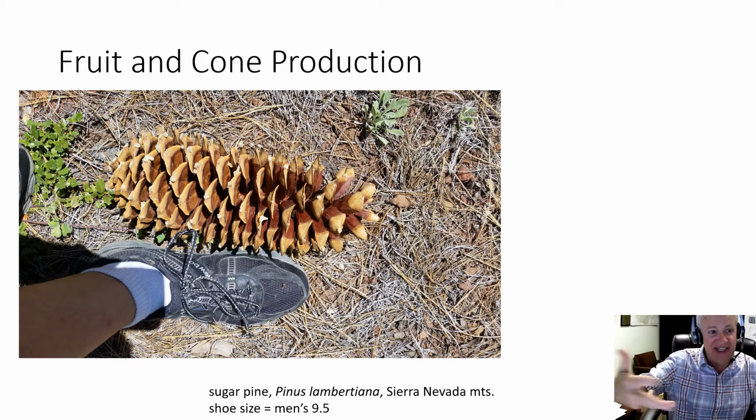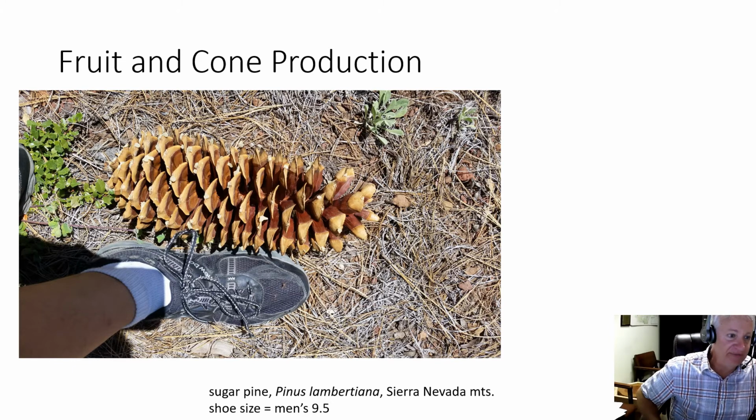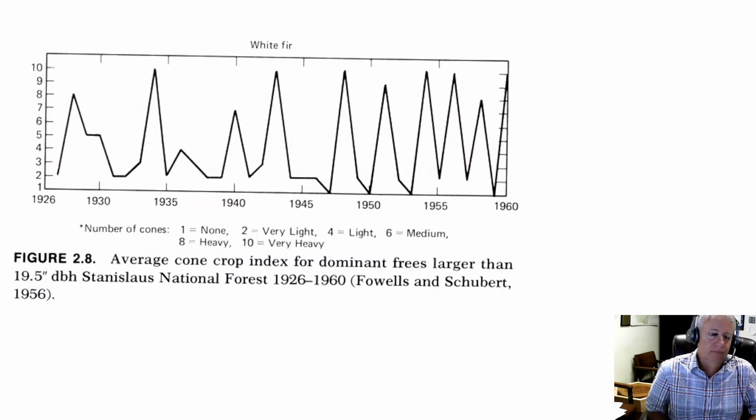That's sort of an extreme example of big cone production in a pine. There certainly is variation in seed production in trees, in forest trees especially. The number of seed produced can vary enormously from year to year.